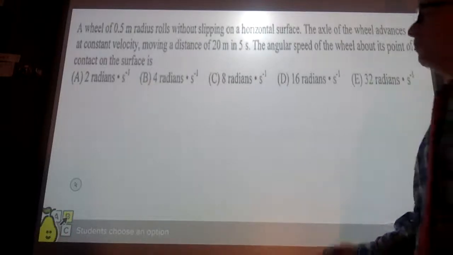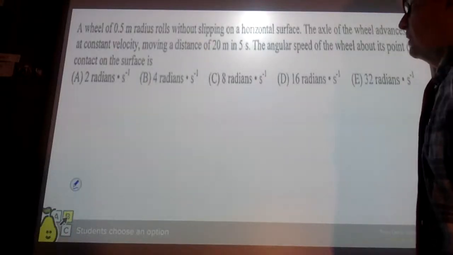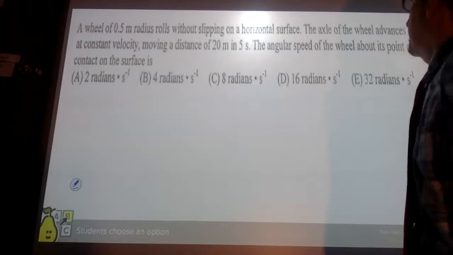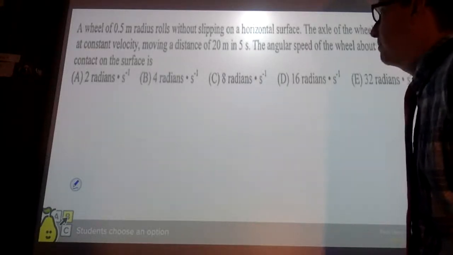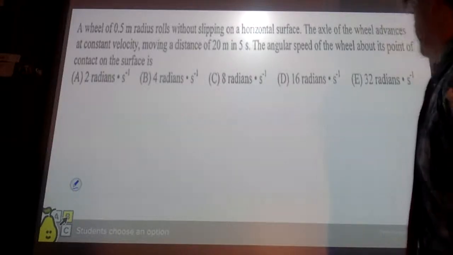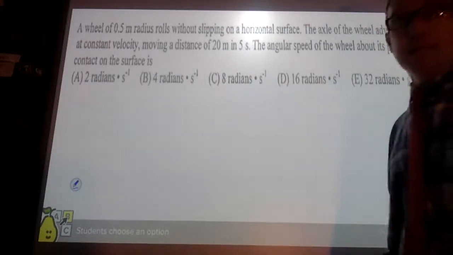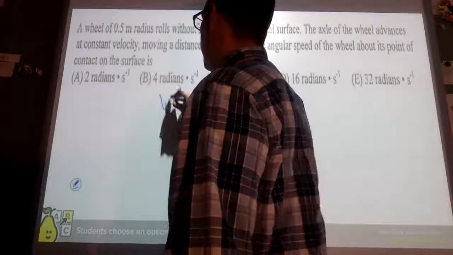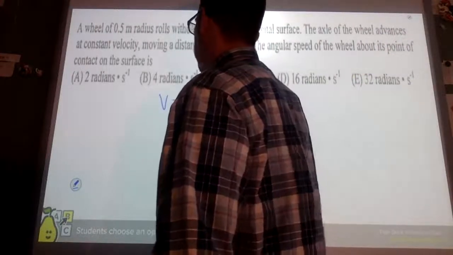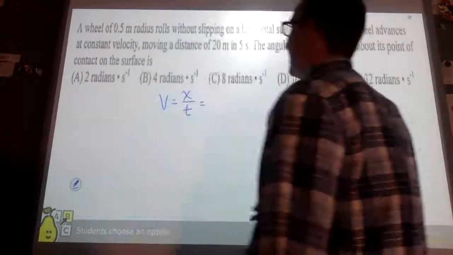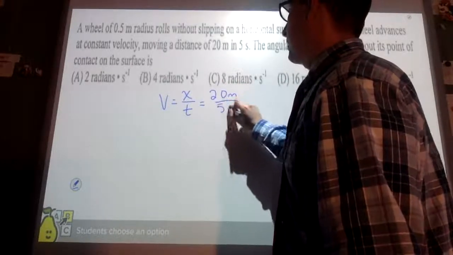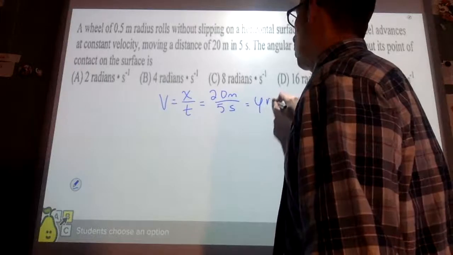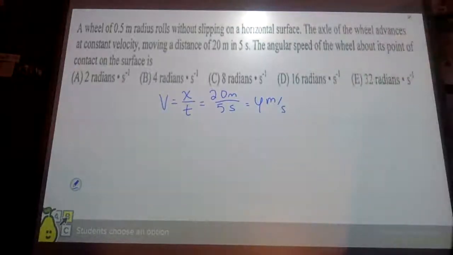A wheel of 0.5 meter radius rolls without slipping on a horizontal surface. The axle of the wheel advances at a constant velocity, moving a distance 20 meters in 5 seconds. The angular speed of the wheel about its point of contact on the surface is. Constant speed tells us it's just distance over time. This is going to be 20 divided by 5, or 4 meters per second.